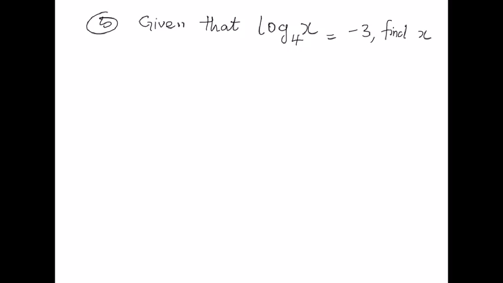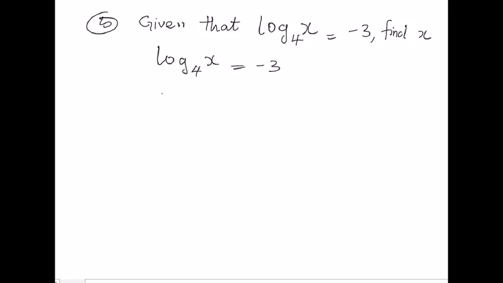Question number B. Given that log x base 4 equals minus 3, find x. So we are going to have log x base 4 equals minus 3.